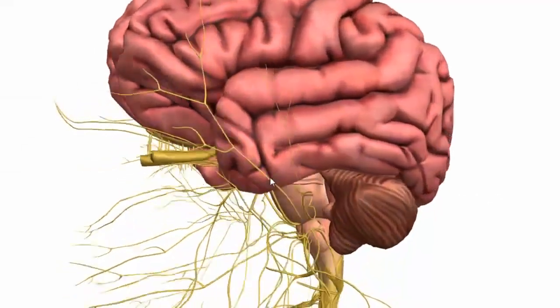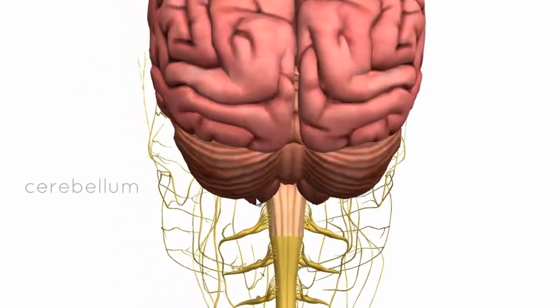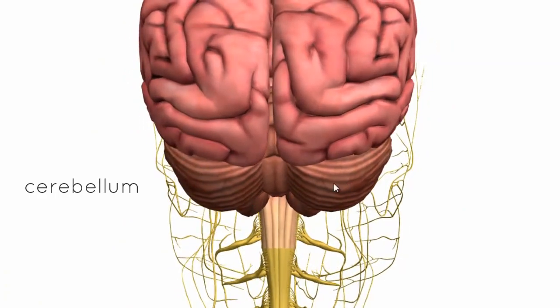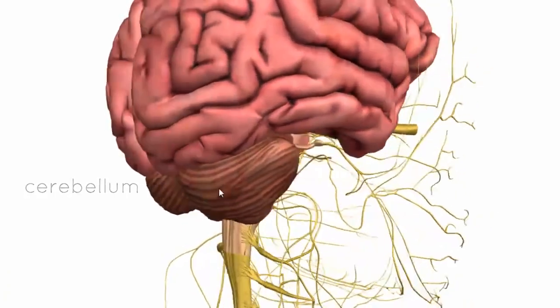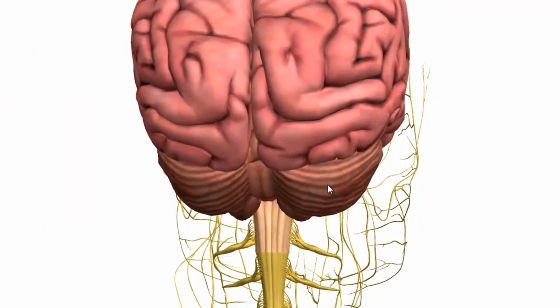The cerebellum is this part of the brain which sits behind the brainstem. You can see it here sitting directly behind the brainstem, and you can see it has these two lobes. Cerebellum means little brain in Latin, and this has loads of connections with the brainstem, and it's important in motor control, coordination, balance, and muscle tone, and that sort of thing.